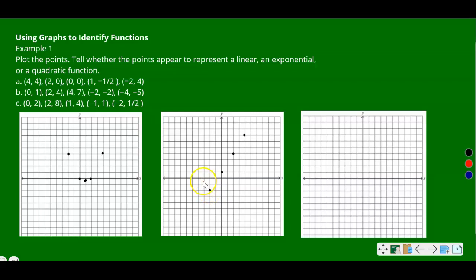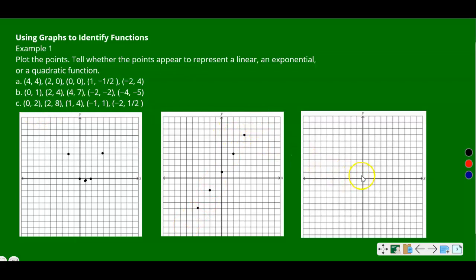And then negative 4, negative 5. In my opinion, just looking at these points on this graph, that looks like a straight line. A straight line is going to represent a linear equation.